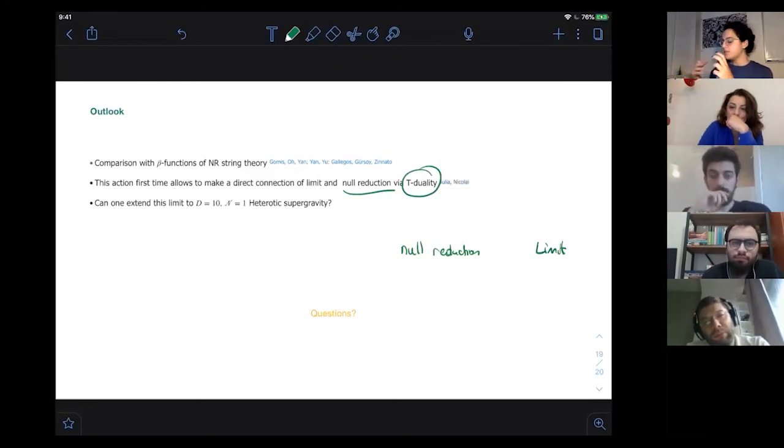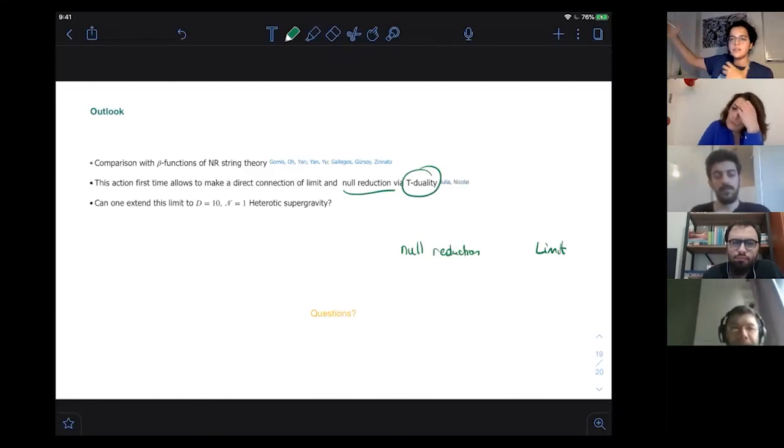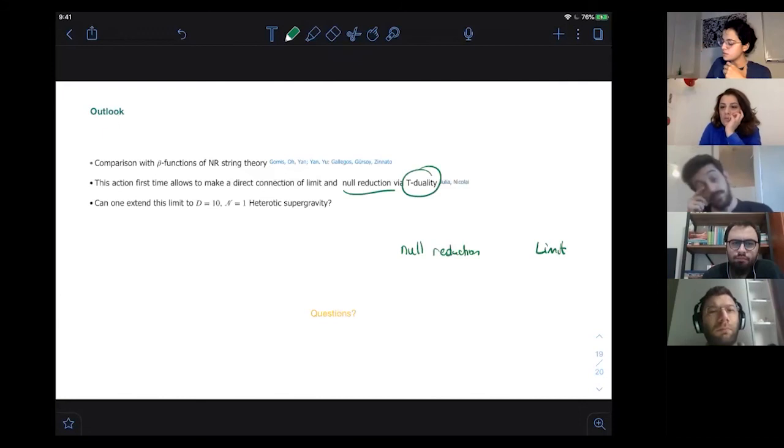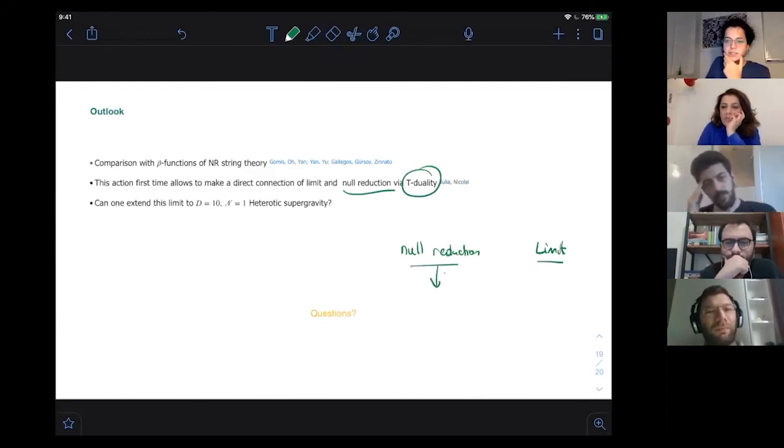So there is some relation of null reduction with string theory via T-duality, and that makes the connection between null reduction and the limit here. Because if you do the null reduction, you also can't get the Poisson equation.